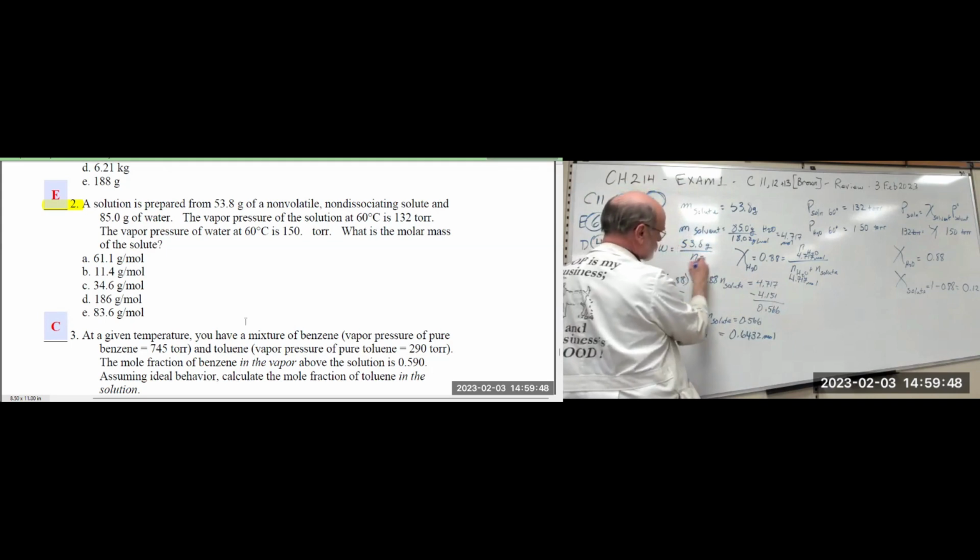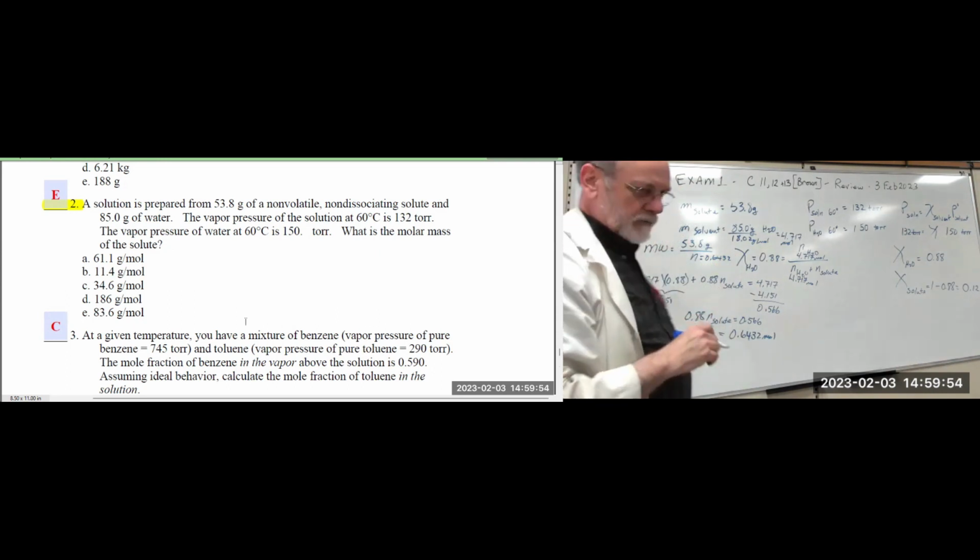So we've got the mass of solute, and the molecular weight is here. So this is equal to 53.8 divided by 0.6432, which is 83.6 grams per mole.